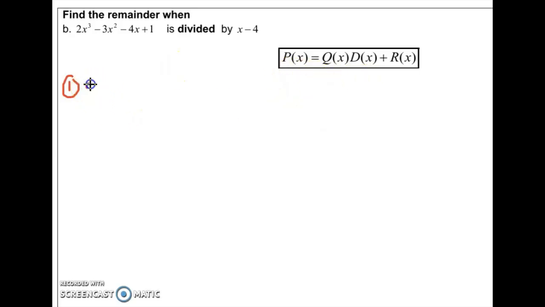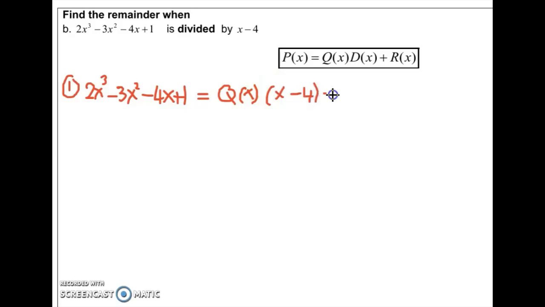So, p(x) is 2x cubed minus 3x squared minus 4x plus 1 equals, for the quotient we just write q(x) since we don't know what the quotient is, and the divisor is x minus 4, plus r(x).